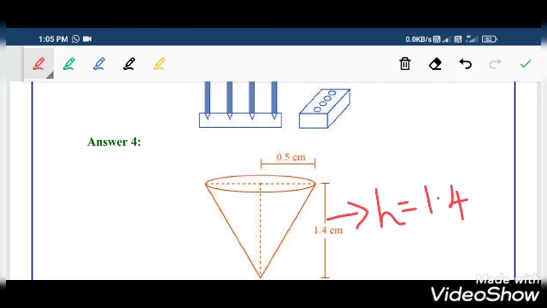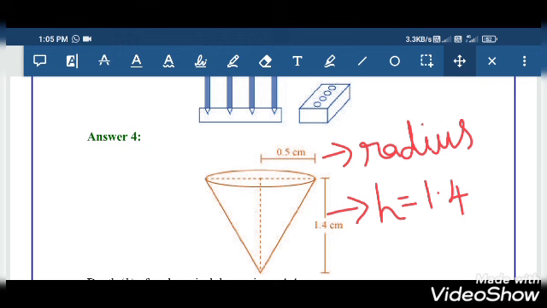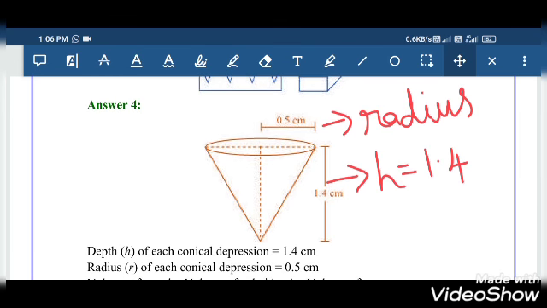And this is the radius. This is the conical part of the wooden box to hold the pen. We need to find the volume of wood. So the depth of each conical depression is 1.4, that is height. The radius of each conical part is 0.5 centimeter.